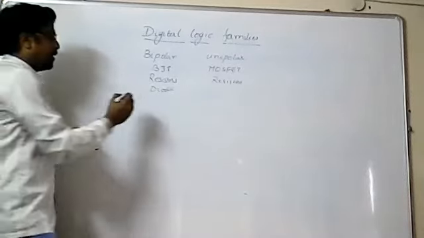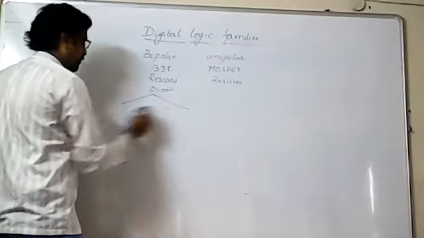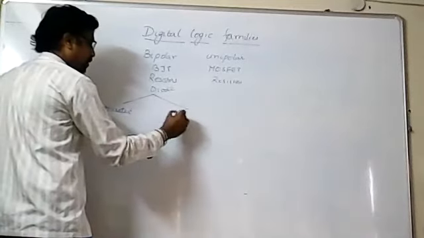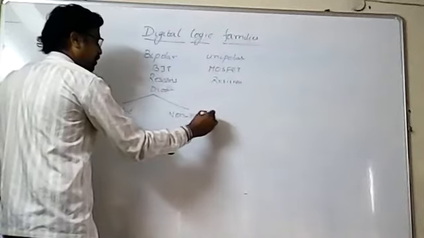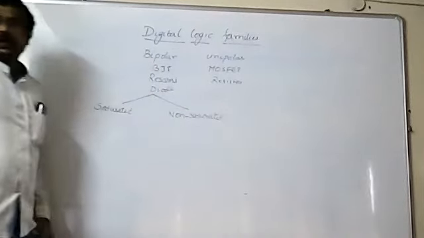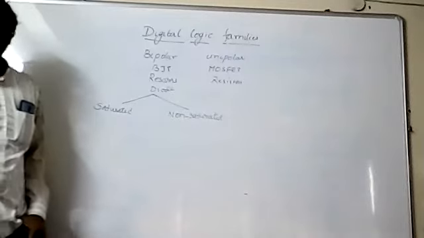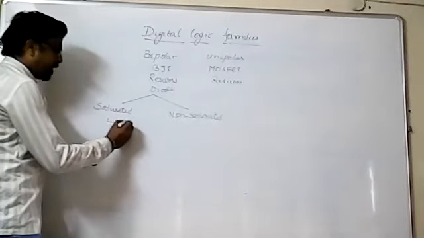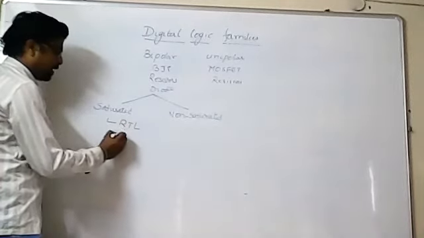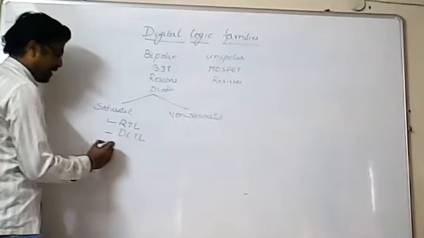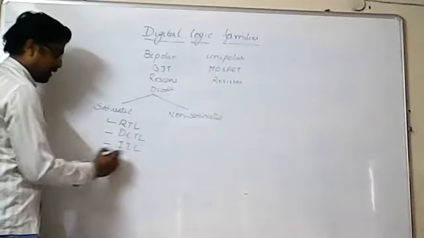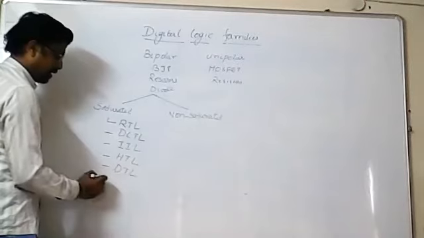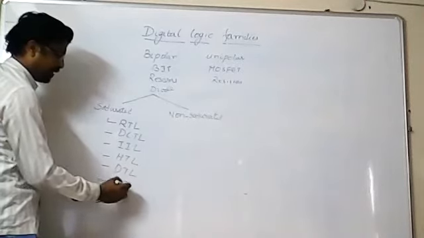Followed? Now, as I already told you, this can be operated in either saturated mode or non-saturated mode. When it is operated in saturated mode, we get different types of logic: RTL, DCTL, IIL, HTL, DTL, and the last one is TTL.